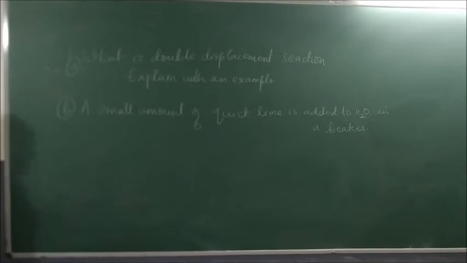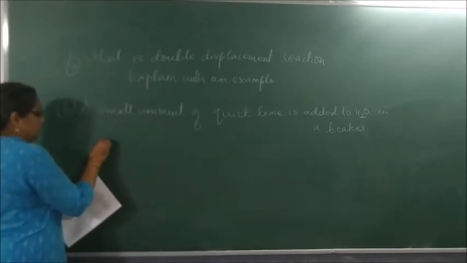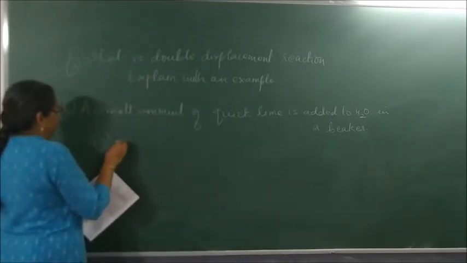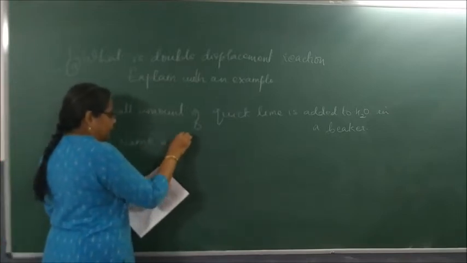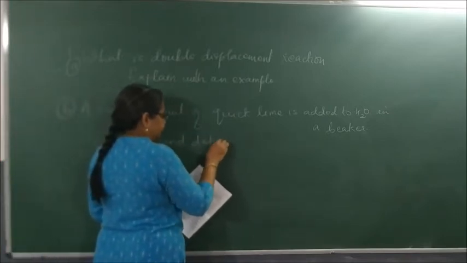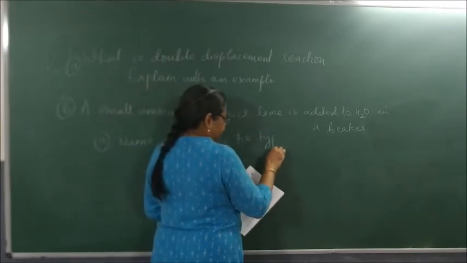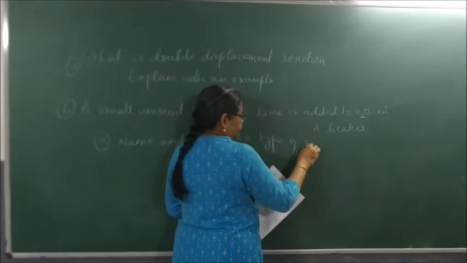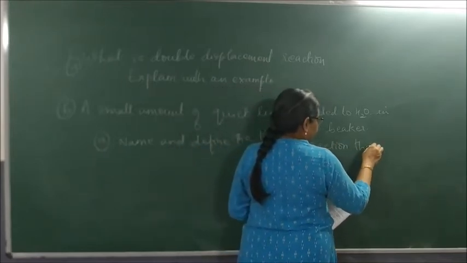Ca(OH)2. Plus what is released? Heat is released. Ca(OH)2 plus heat. So first thing, A, or the first part of the question: name and define the type of reaction that has taken place.